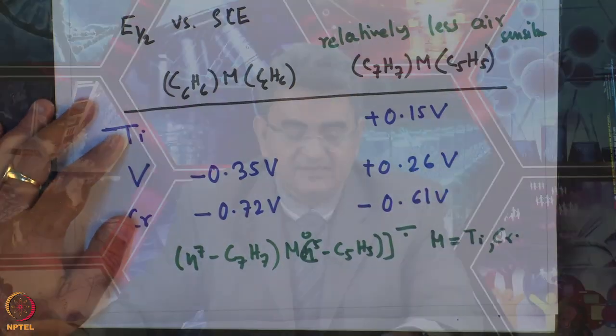So, this is interesting information that we get about the air sensitivity of these C7H7 metal complexes. The combination of C7H7 metal C5H5 is equivalent to the combination of two C6H6 complexes of the metal.